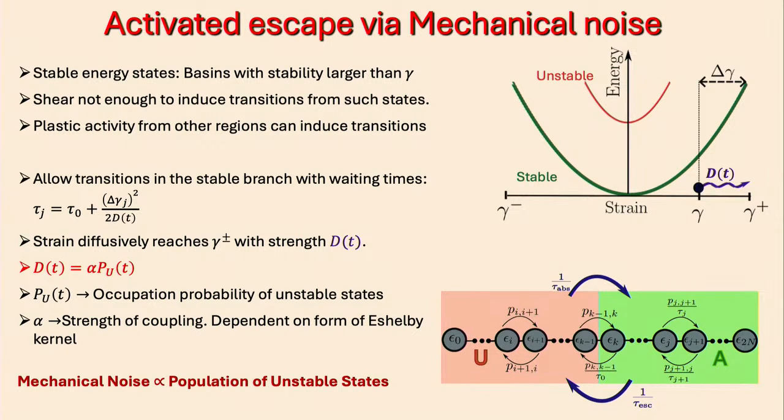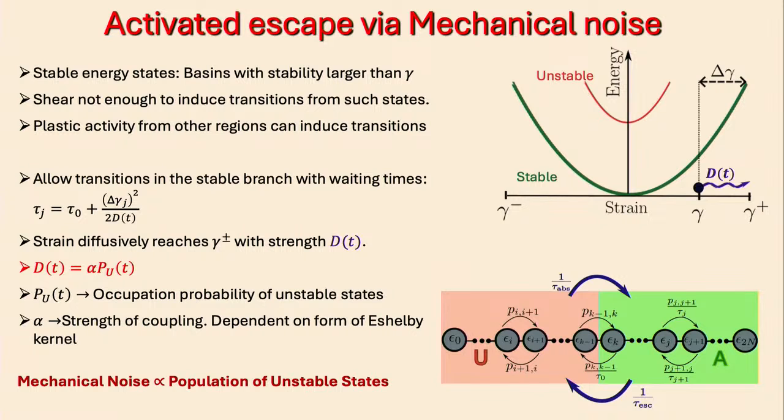So here is an illustration. If I'm sitting in a minimum state like this, and this is my amplitude of strain, at this point I'm not quite at the stability limit, but if I imagine that because of stress kicks I diffuse in strain space, I can eventually reach that limit of stability and make a transition.